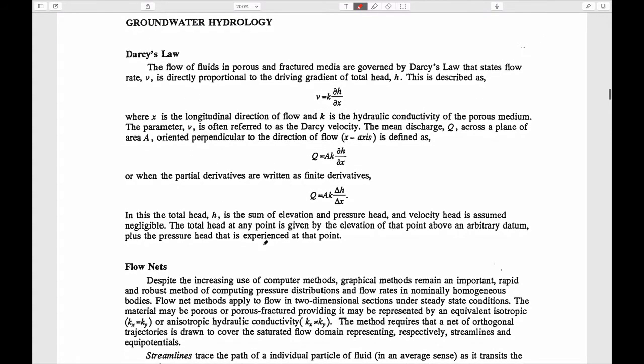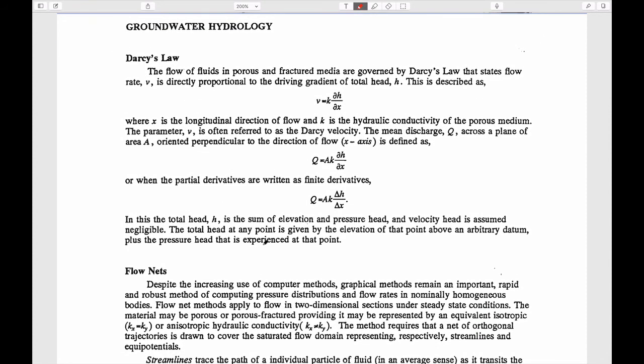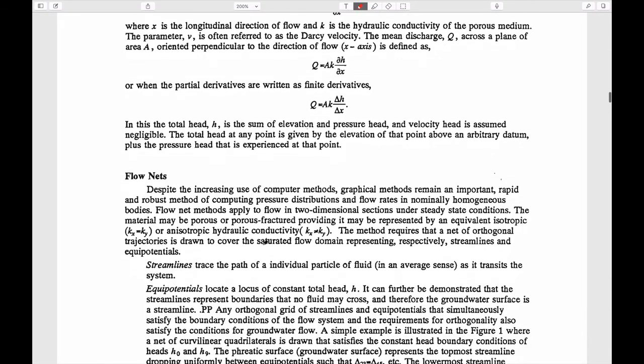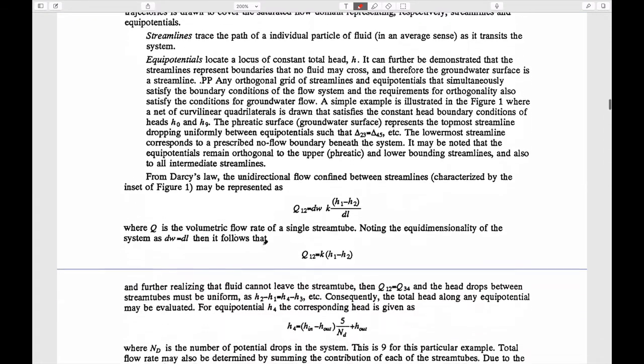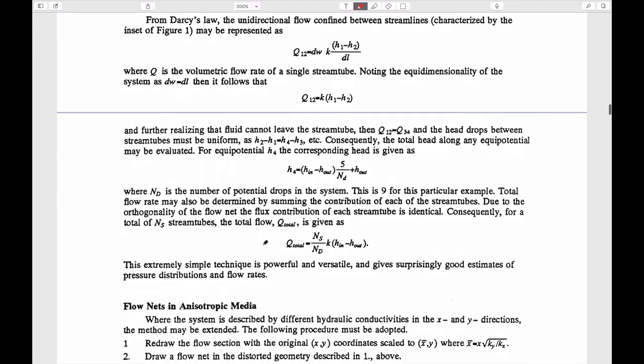We talked about groundwater hydrology. I don't want to spend much time on that. You can read into that what you will, but it's a useful technique for the people who are in both petroleum engineering and environmental systems engineering.